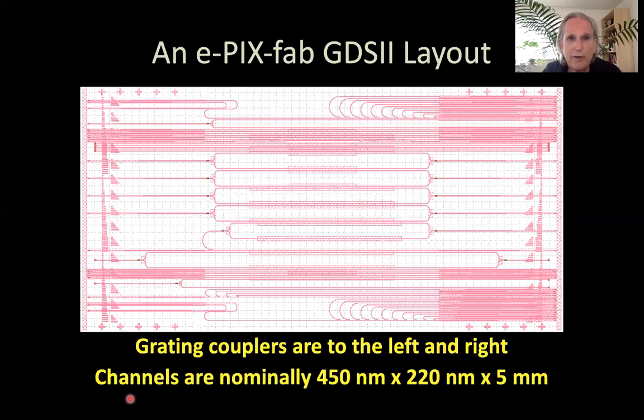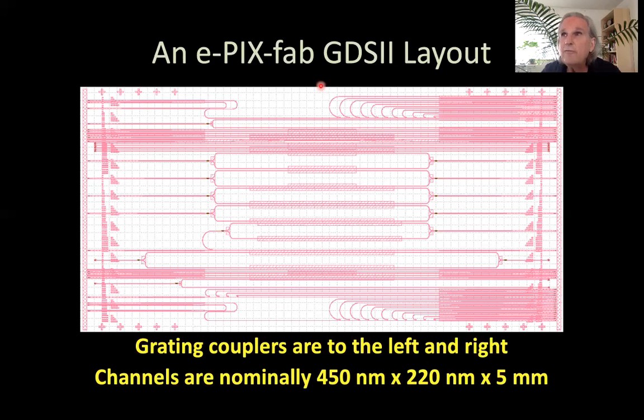So design flow, this is actually a layout. This is an early one that we did, our layout from the Guided Wave Optics Laboratory at the University of Colorado Boulder. This is a picture of a GDSII layout. GDSII is a way of writing, essentially here was a 90 nanometer rule foundry.